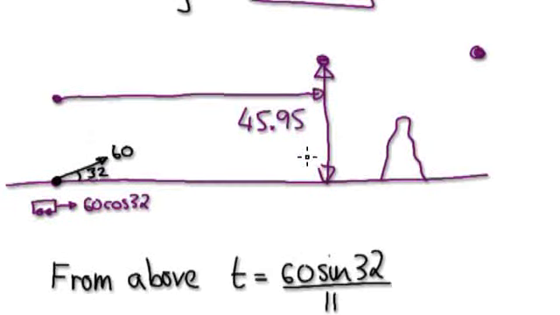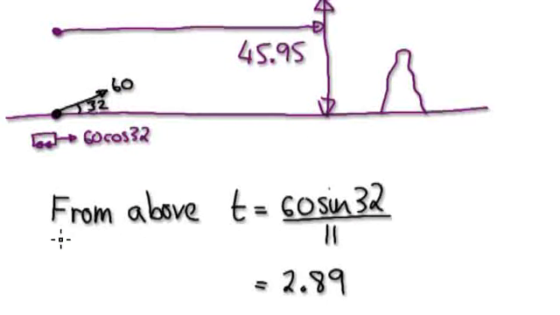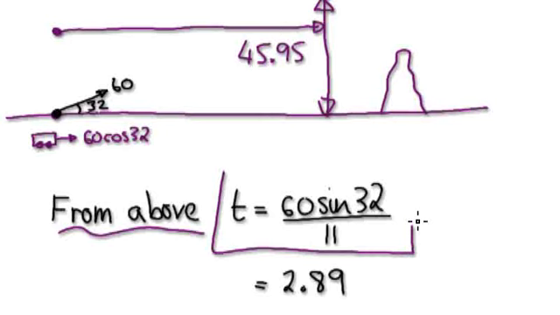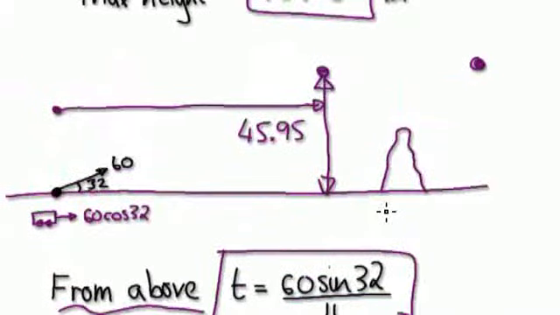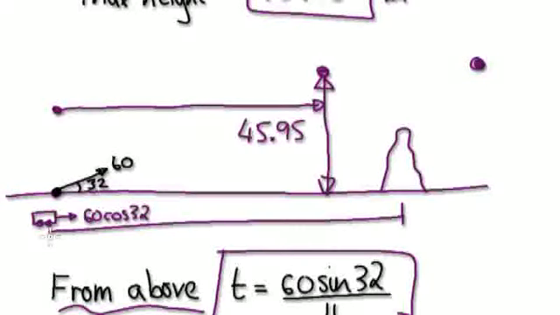The other thing that we know is the time it takes to get to the maximum height. From above, somewhere earlier I've worked out the time it takes to get to the maximum height is this. Punch it into your calculator, and it will give you this. So this represents the time in seconds it takes to get to its maximum height. You see, this diagram is in meters. This thing here is 200 meters.